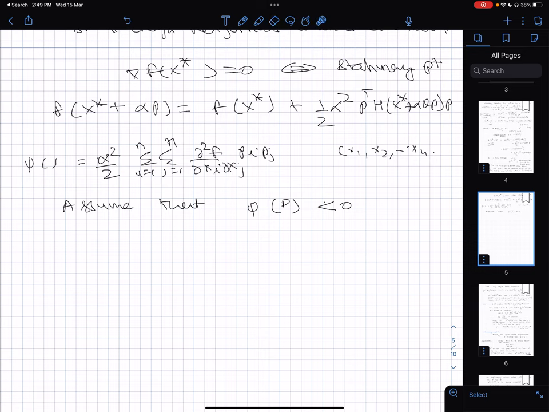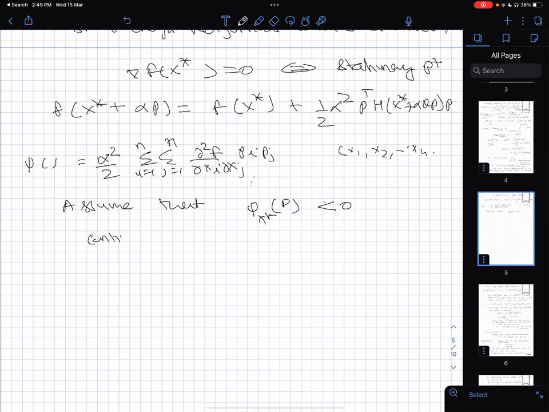Now I will use the logic of continuity, and I'll emphasize that this is being done at x star. So let's say that this term is strictly less than 0.